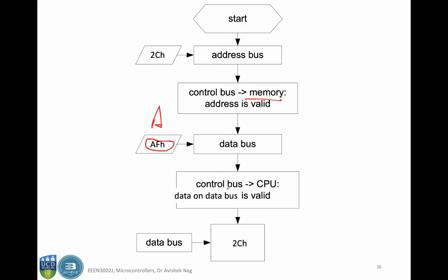Then the control bus again validates to the CPU that the data on the data bus is valid, and then the data on the data bus, which is your AFH now, moves to the final memory location 2CH, where you are supposed to write.